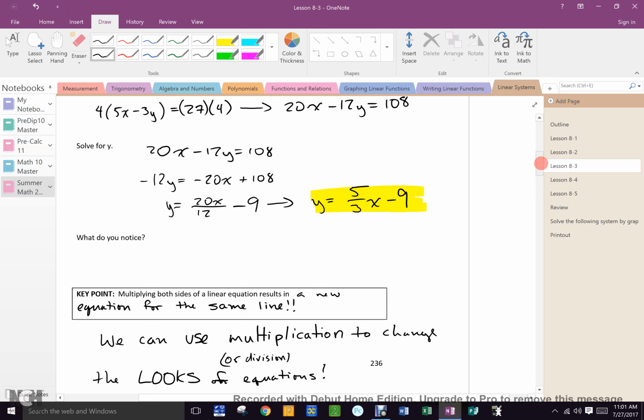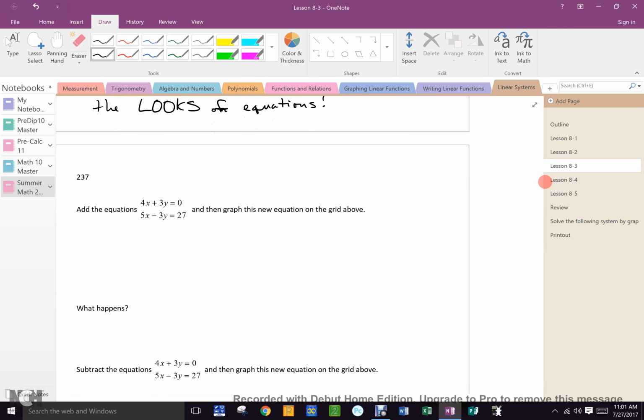All right. Step 2, next thing I want you to do. Add those equations together. What do you mean add equations, Mr. Myers? That's crazy talk. No, it's not. You just do that. X's go with X's. 4X's plus 5X's is how many X's? 9X's. 3 plus -3 is what?